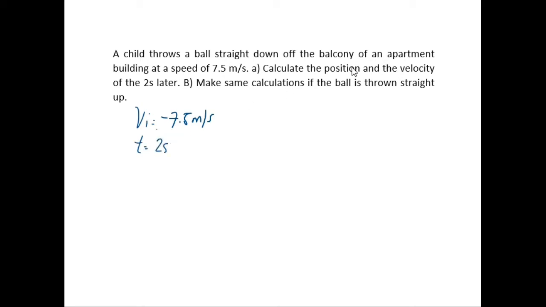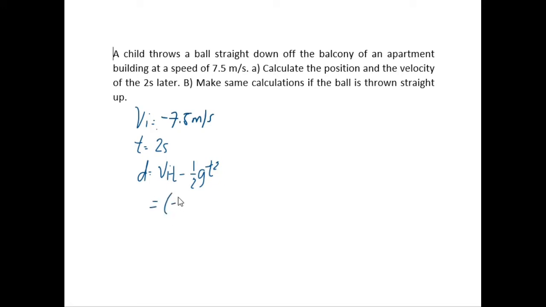We are to look for the position and the velocity, so we can solve for the velocity, and we can also solve for the distance. Distance equals VIT minus 1/2 GT squared. So you're given the initial velocity and also the time. Just substitute.